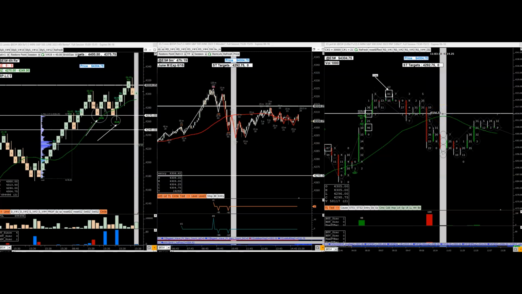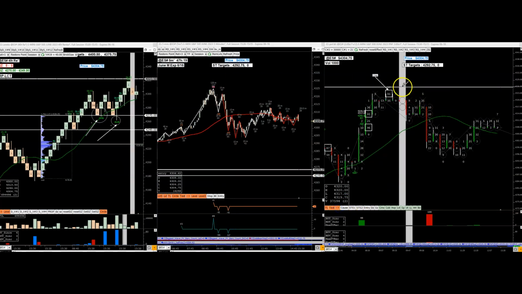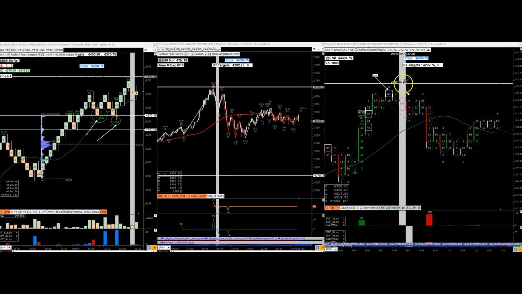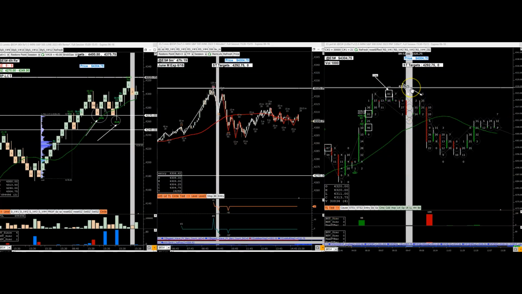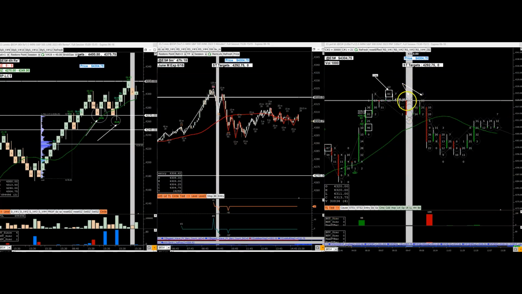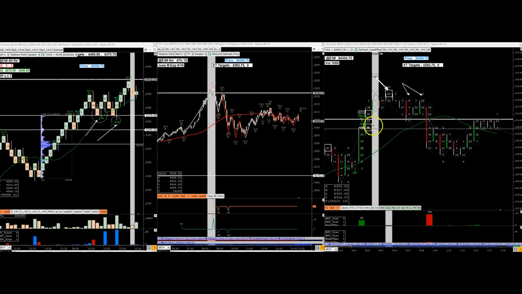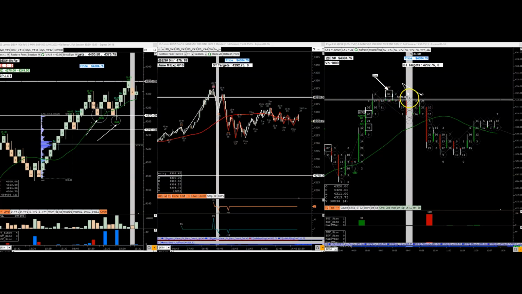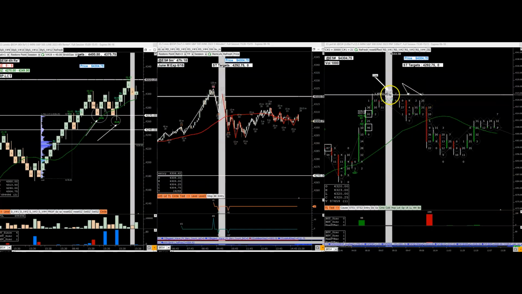I also want to point out the reason this high here and this high here could not make a higher high and instead made a lower high is because of this climax here. The high made on top of the rally is the reason why the other highs could not get above it.